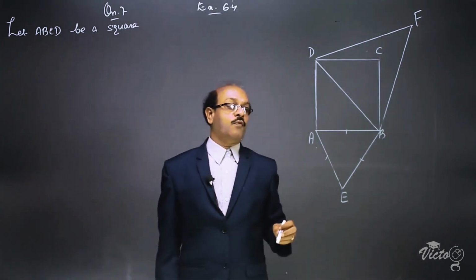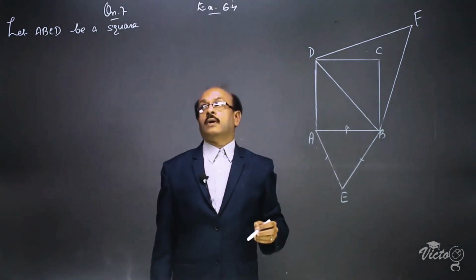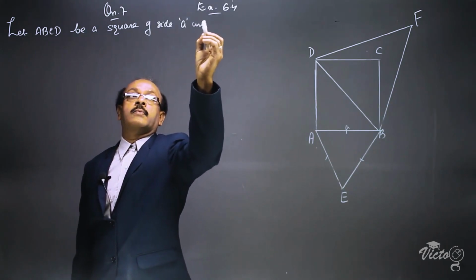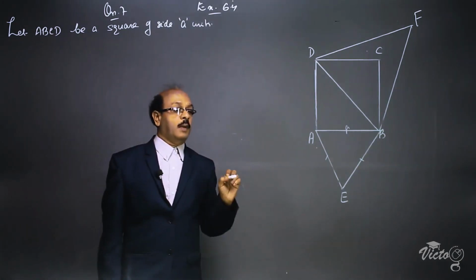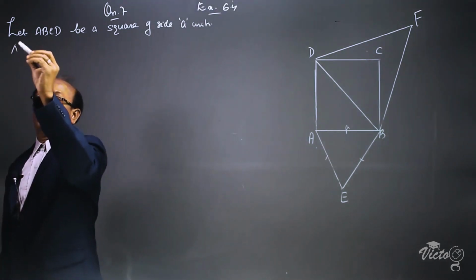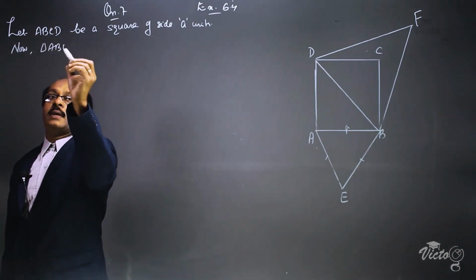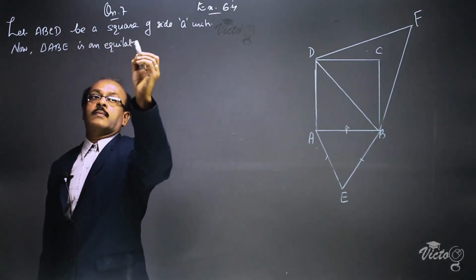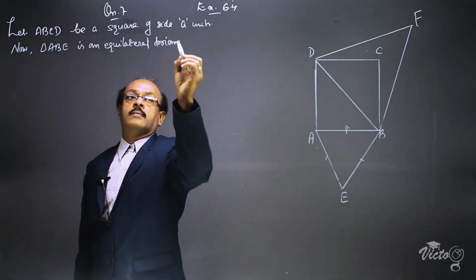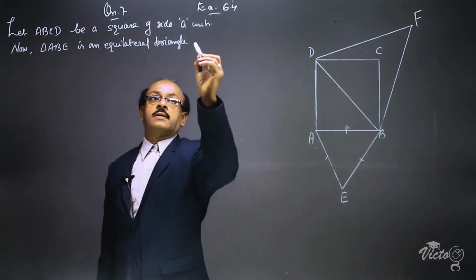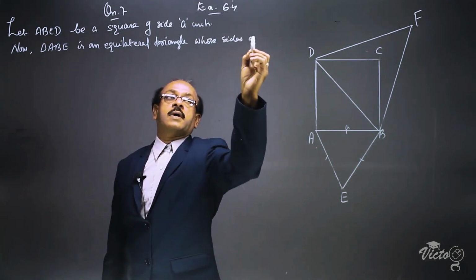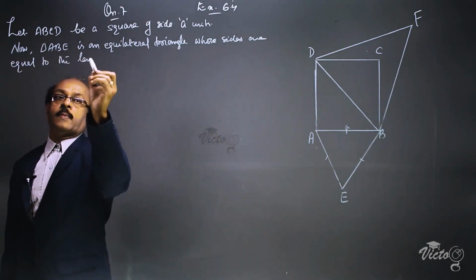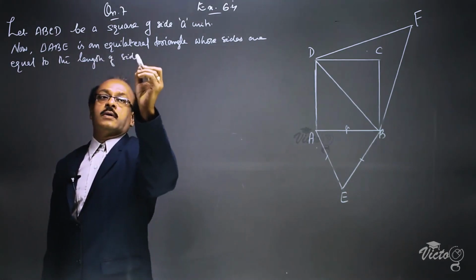Let ABCD be a square of side a units. Now triangle ABE is an equilateral triangle whose sides are equal to the length of a side of the square.